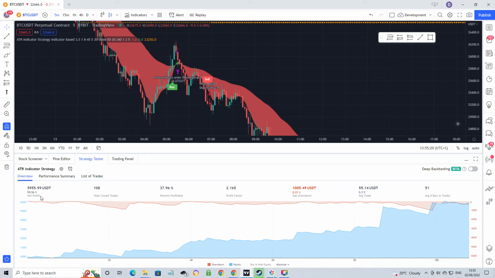And showing those 108 trades, there was an overall profit on the account. Bearing in mind this is a $10,000 account, of 5,955, which is around 60% profit, which is very good. 8% drawdown. And you can see, looking at the equity chart here, this is based on the indicator exit strategy.